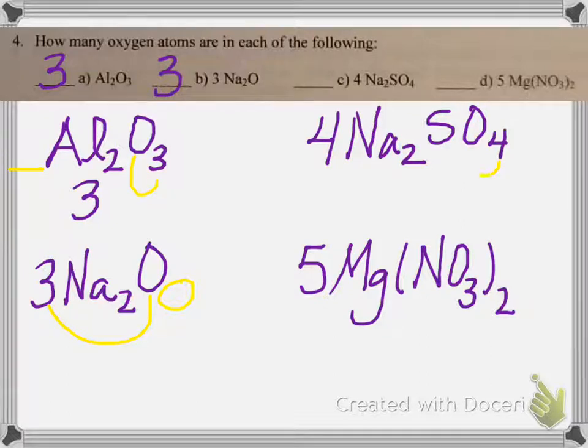Here we have this 4, and then times this 4, which gives us a total of 16 oxygen atoms. And in our last one, we have this 2 times this 3, which gives us 6, times this 5, which gives us 30 oxygen atoms.